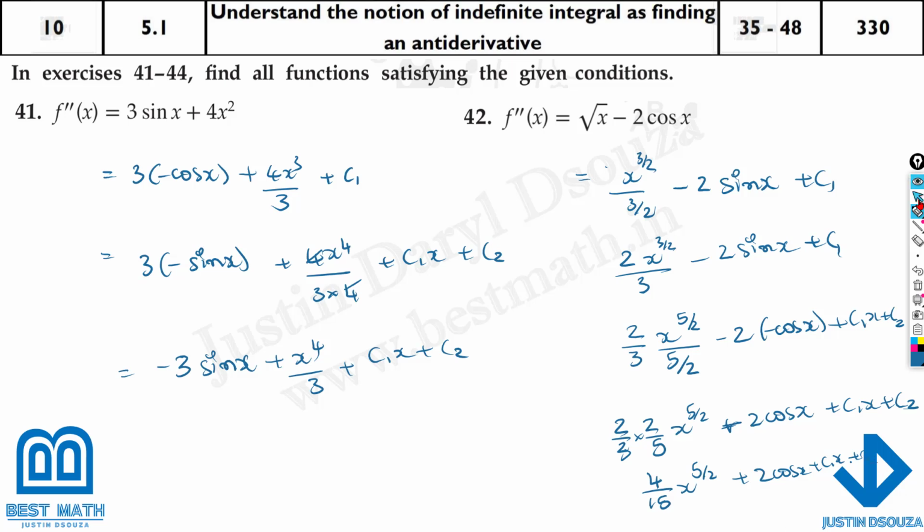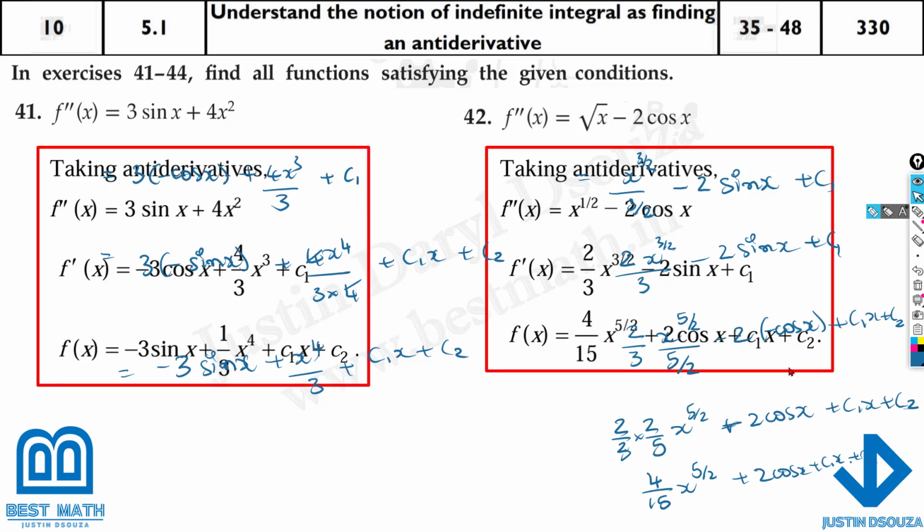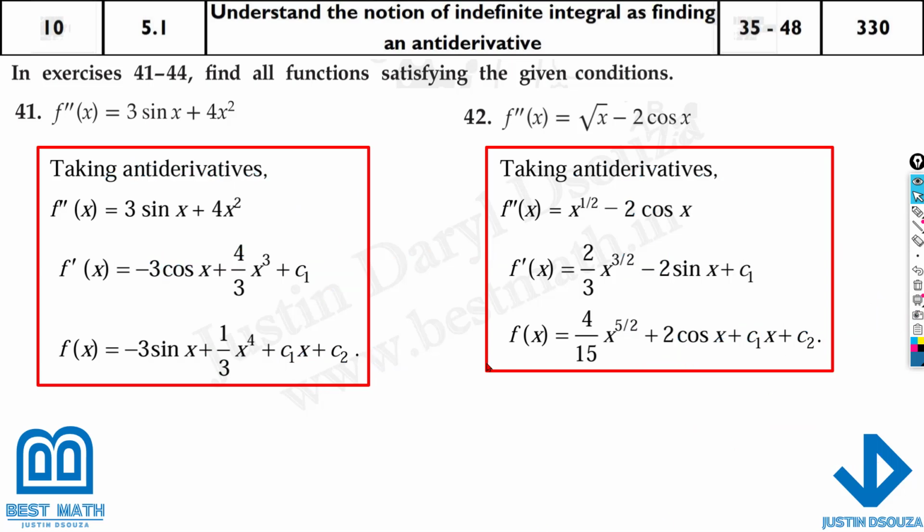That must be the answer. I've cramped it up over there. You can see here, this is it. So it's 4 by 15 x power 5 by 2 plus, because minus and minus becomes plus over here, and that's the answer.